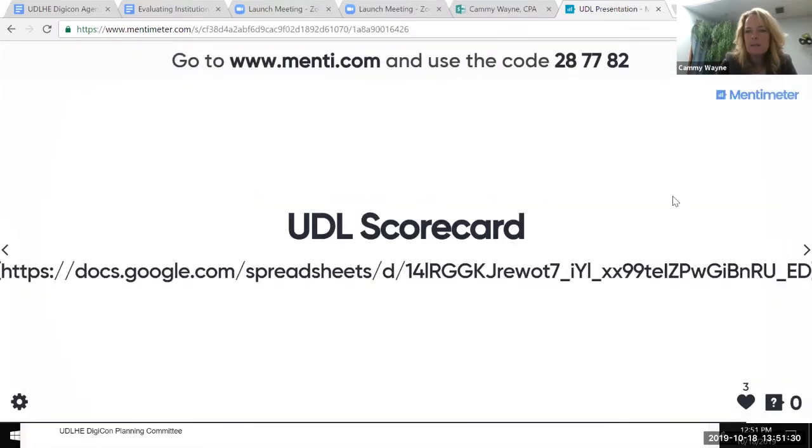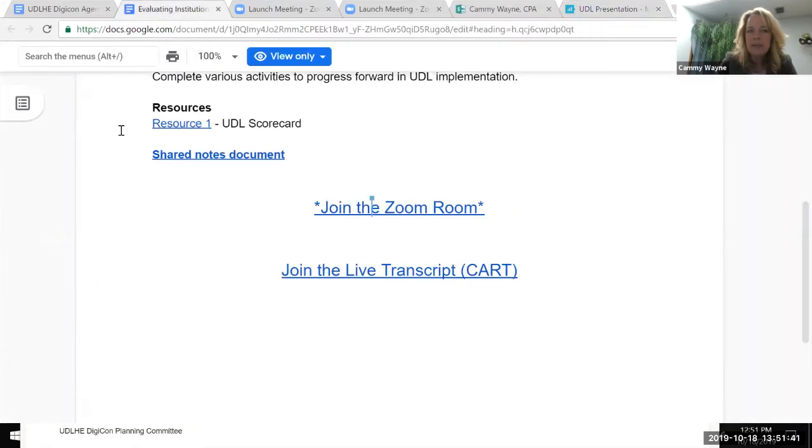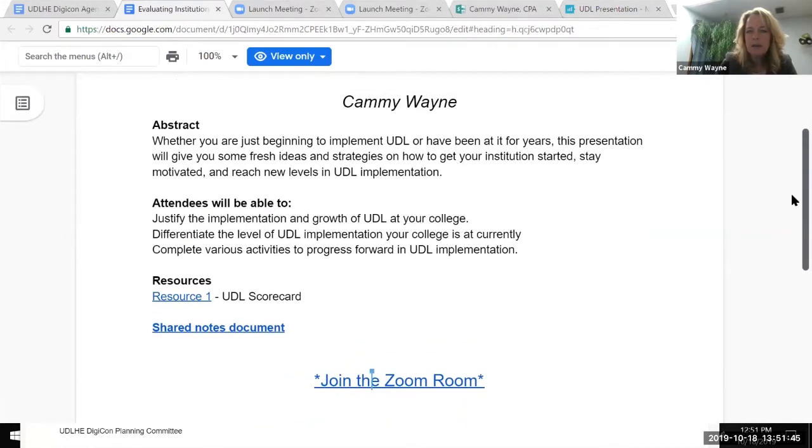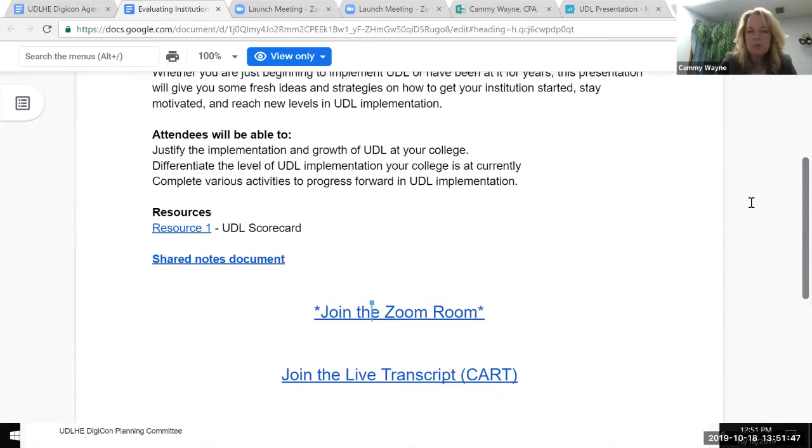And that Excel file will be made available to you through that link again. If you go to this page where you saw the abstract, Resource 1 will be a link to that Excel file and not the Google Drive.